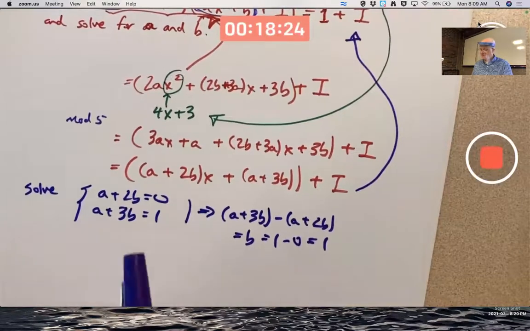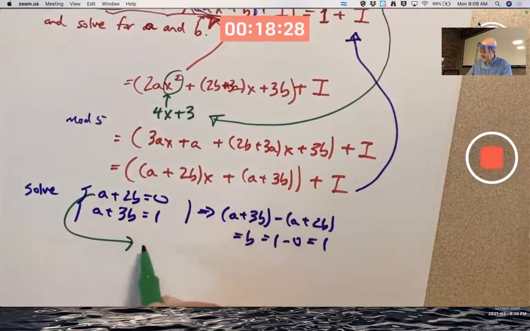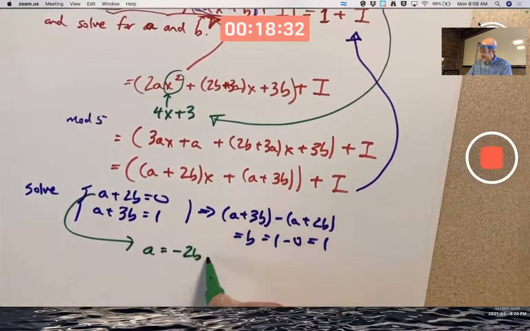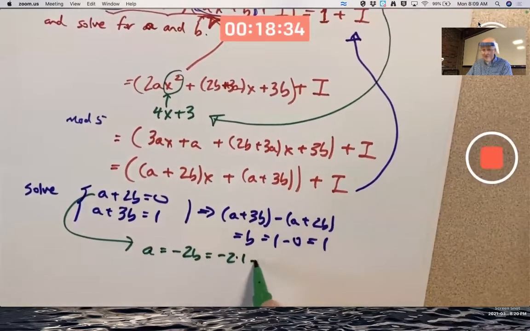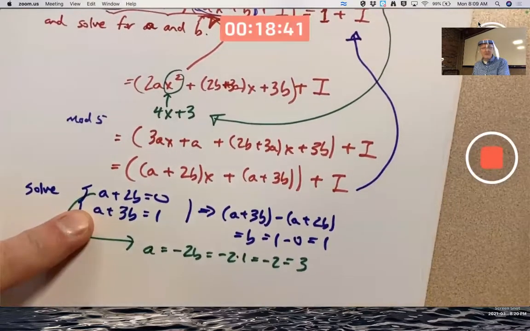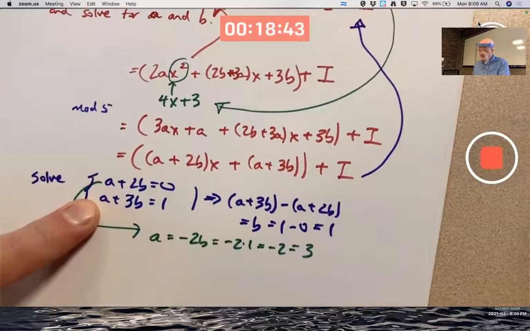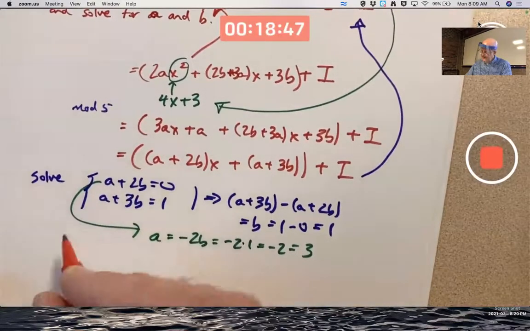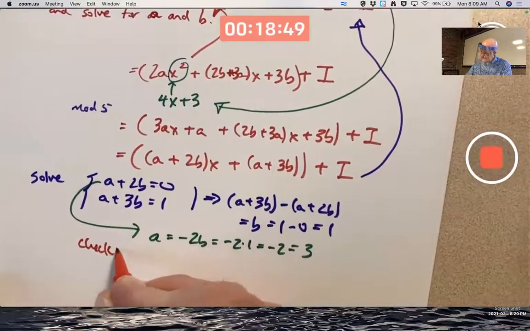And if I choose b to be 1, what should a be? Well, I could use this equation. a equals -2b. -2 times 1 mod 5 is 3. Evidently a had better be 3. It's probably worth checking that a equals 3 and b equals 1 satisfies the second equation as well. I have to check.